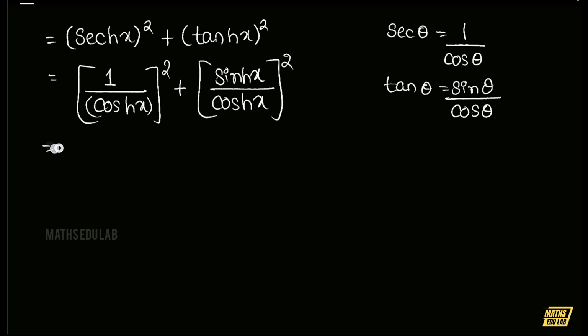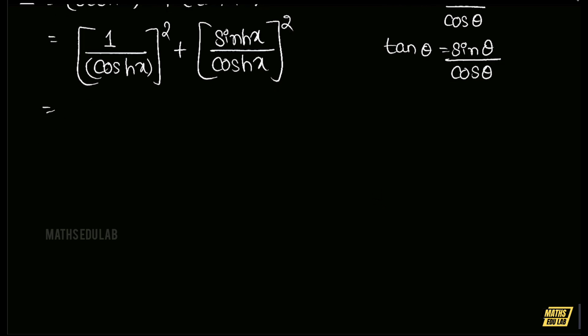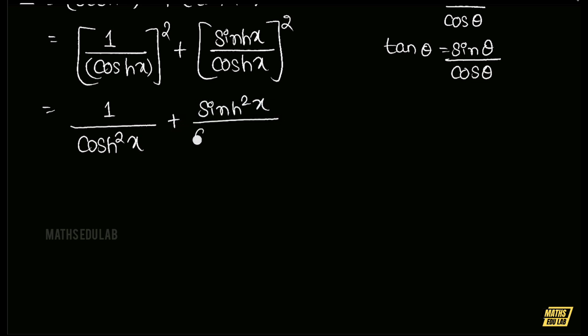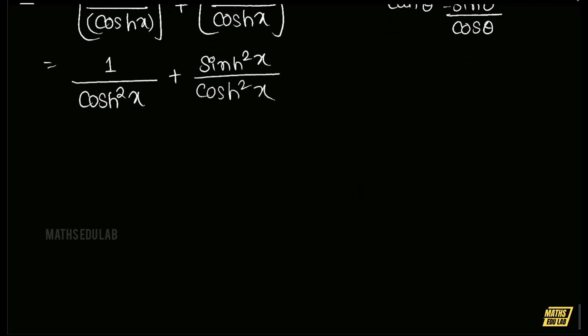Now if you see here, we can multiply the square inside, that is 1 upon cosh square x plus sinh square x upon cosh square x. Since here the denominators are the same, we can write this value as 1 plus sinh square x by cosh square x.